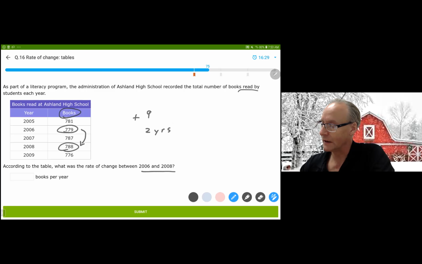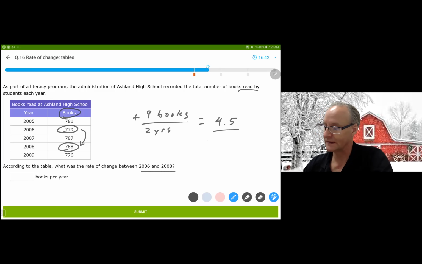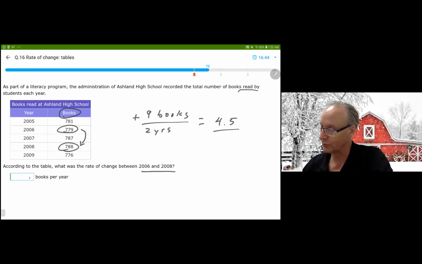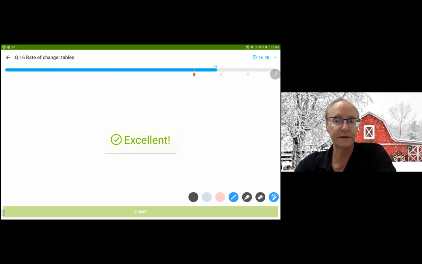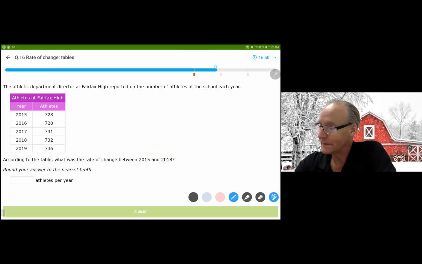That's positive 9 books over 2 years, which is 4.5 books per year. They didn't specify whether they wanted decimal or fractional form. I'm going to go with decimal since that's usually how they ask for it. So it's 4.5. And it did go up, didn't it? So it's positive. Okay, we're getting there.